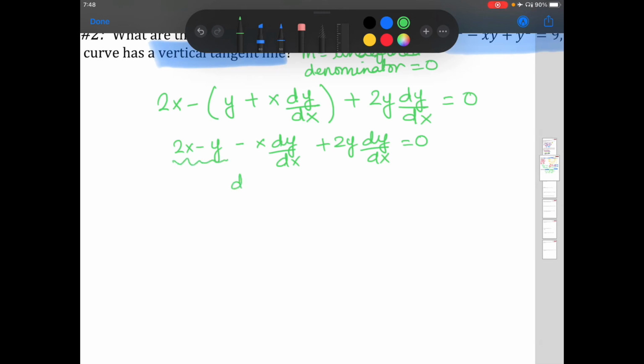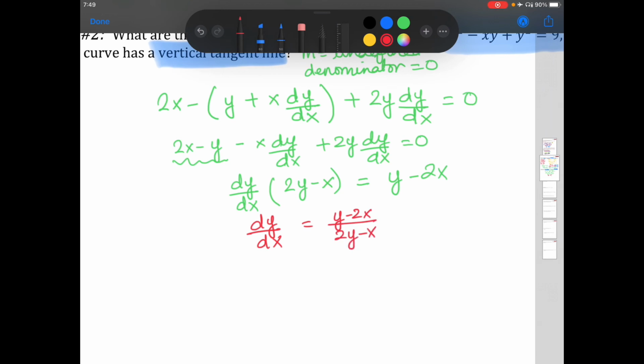So I'm doing two things in the same step, dy/dx, and I'm left with (2y minus x) equals y minus 2x, right? So now what do I get? dy/dx equals, I'm just going to change the color. I get dy/dx is equal to (y minus 2x) over (2y minus x). So that is my derivative.